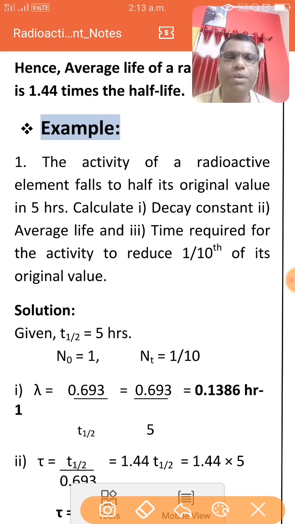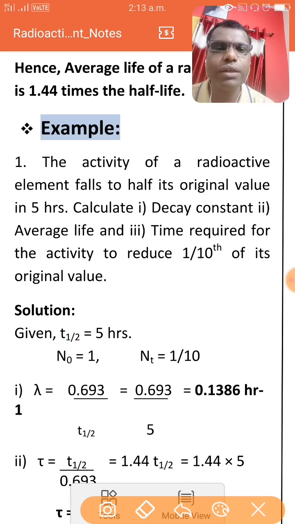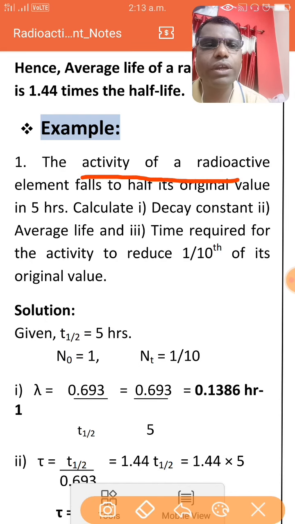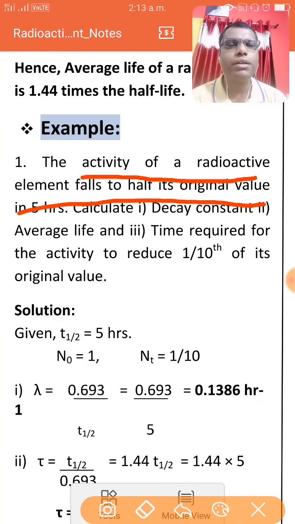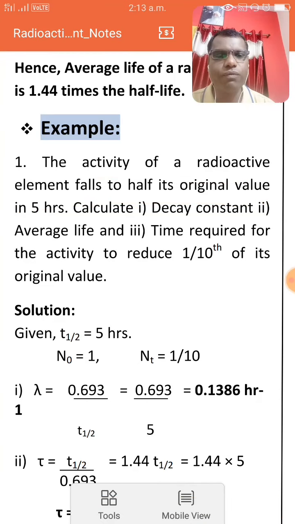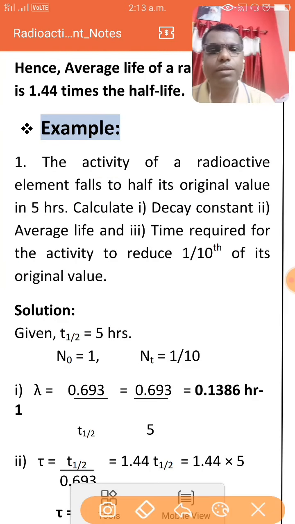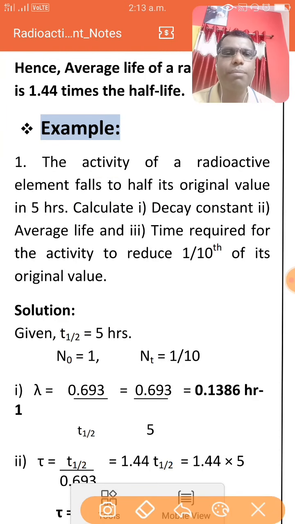If you read the numerical very carefully, you will see that the activity of the radioactive element falls to half. It means that whatever initial number of atoms there are, that number decreases to half of its initial value.